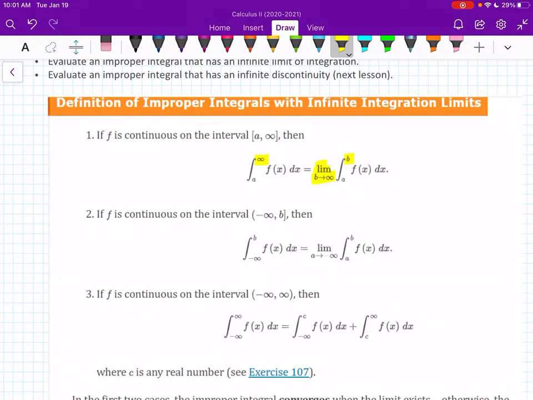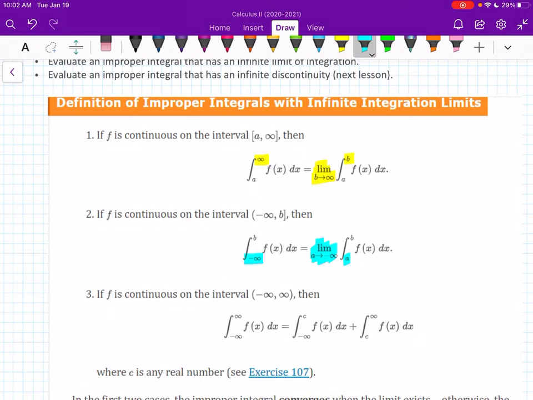Okay, so then you would evaluate your integral. You would then plug in a and b and then take the limit as b goes to infinity. And same thing for when our lower limit is negative infinity, we're going to take the limit as a goes to negative infinity.